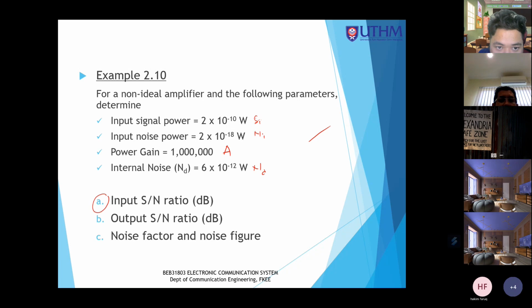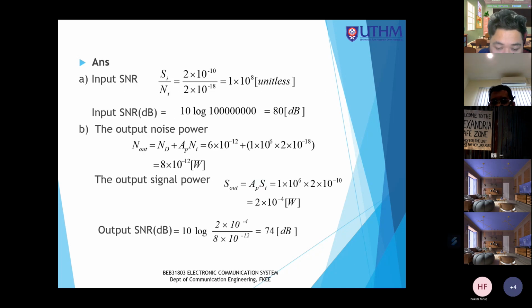The first one is the input SNR in decibel, and then output SNR, and then the noise factor and noise figure. So input SNR is easy, SI over NI, signal power over noise power, so we get 1 times 10 power of 8. And if you want to find in terms of decibel, 10 log of SNR, so we get 80 dB.